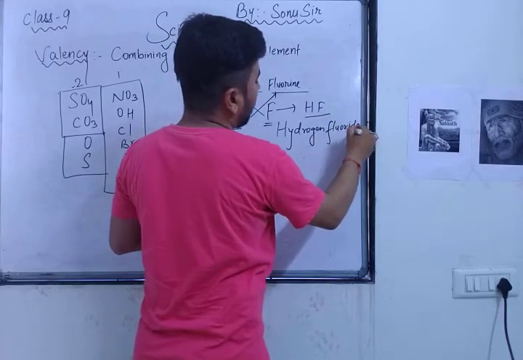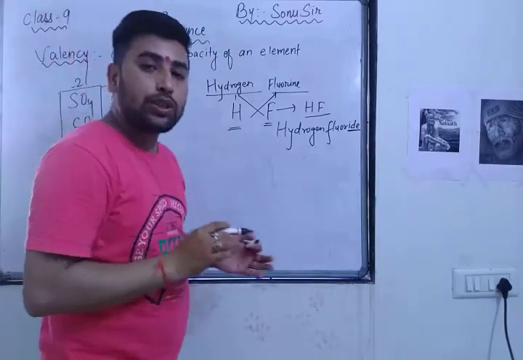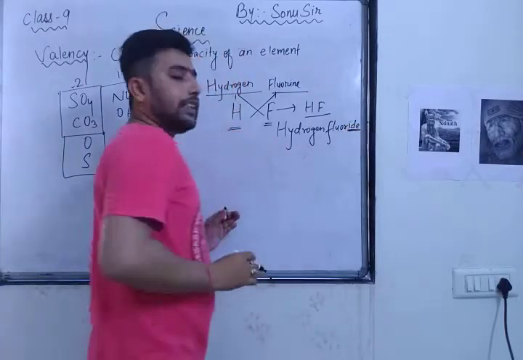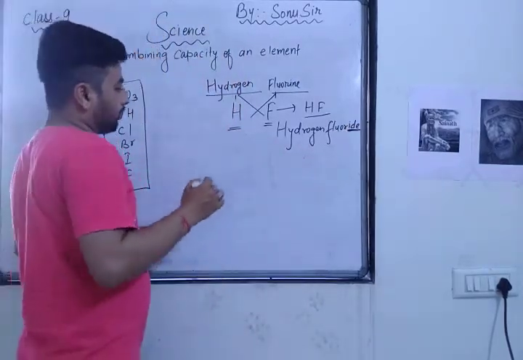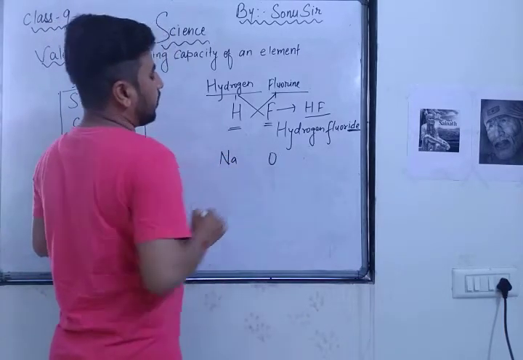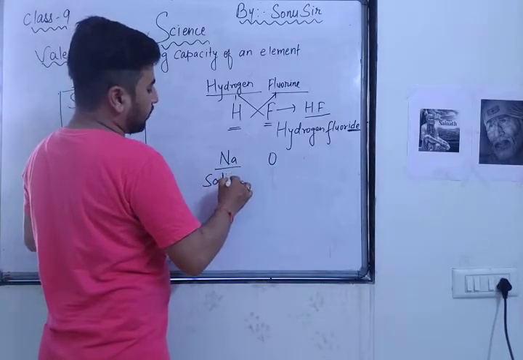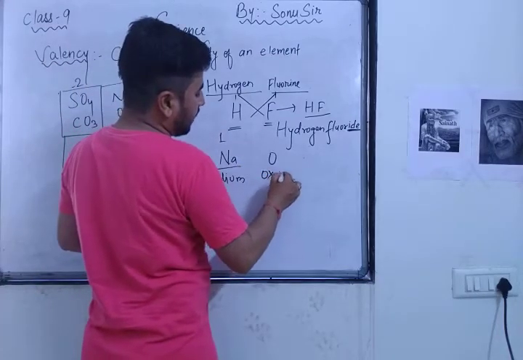What I want to say is that whenever any two elements combine, the last word must be IDE. See, just suppose sodium and oxygen. What is the valency of sodium? Sodium valency is 1. And what is the valency of oxygen?